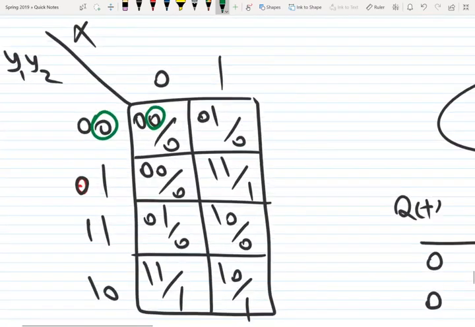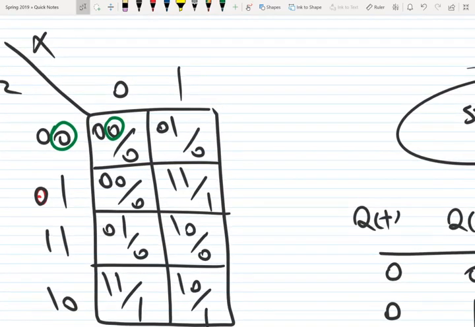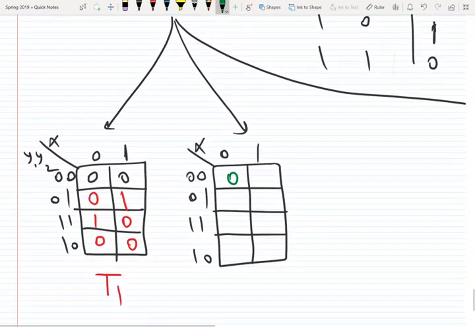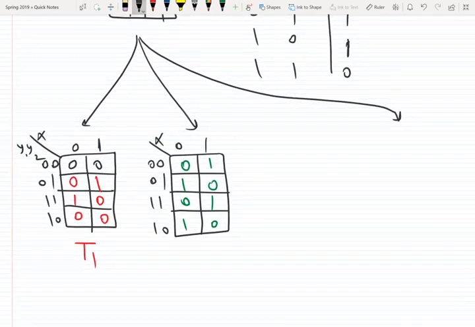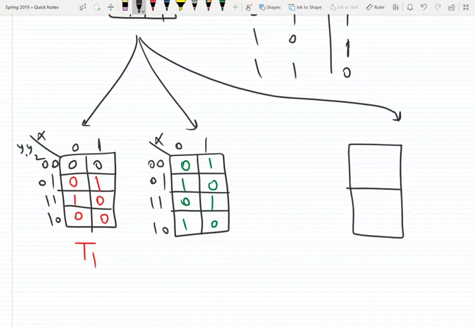Yes, the next one, 0 changes to 1. 0 changing to 1 means change, so T should be 1. If we complete this table, we will have 0, 1, 1, 0, 0, 1, 1, 0. Okay, the last table is the output.